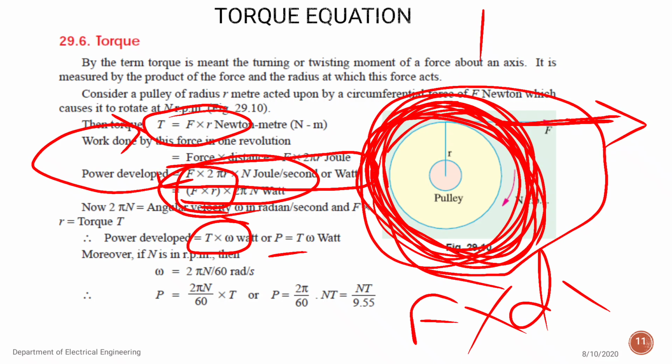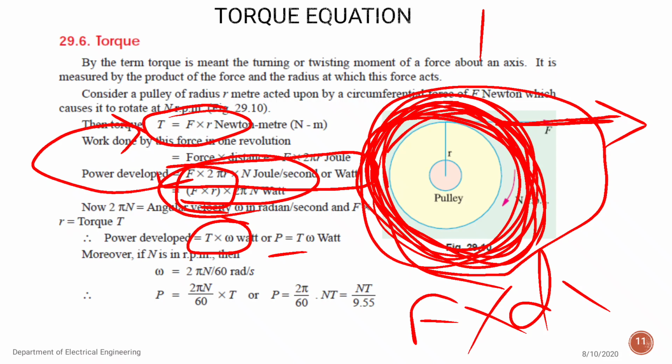If the speed is in rpm, that is revolutions per minute, then omega is equal to 2 pi N divided by 60. Why are we doing this? Because we need to convert rpm to rps, and whenever we convert rpm to rps, we divide by 60.